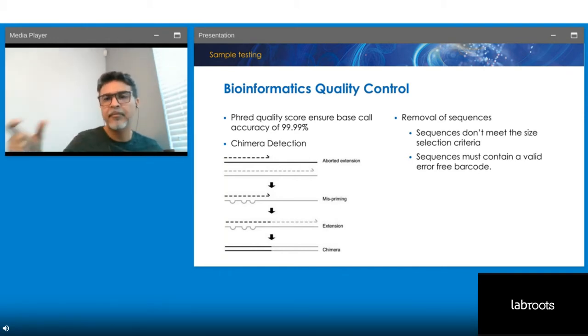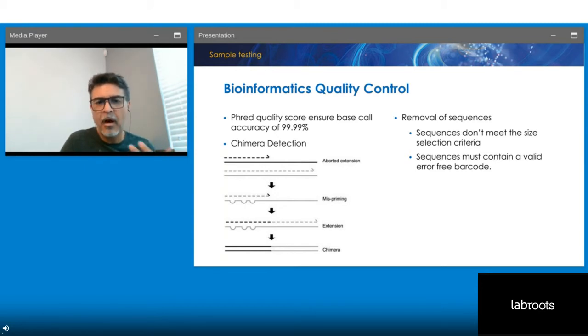And then that will pass the quality control of the digital data to be able to get into the bioinformatic analysis. Chimera detection: during the amplification of this 16S gene, there could be some mismatching or some amplification that stopped earlier, some amplification that can combine different fragments, and they give some chimera.